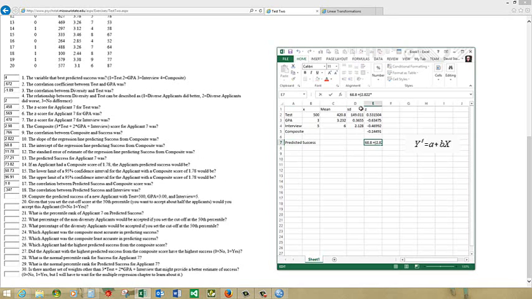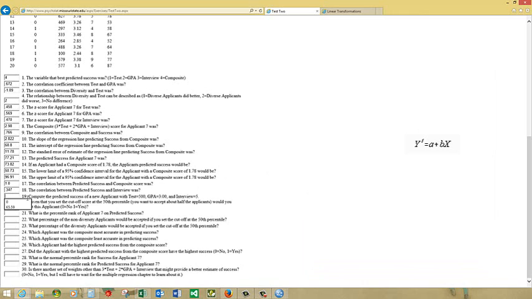All right, so this equals 68.8, going back over here, plus 2.822 times our composite score, and we get 68.39. A lot of work for that particular value.